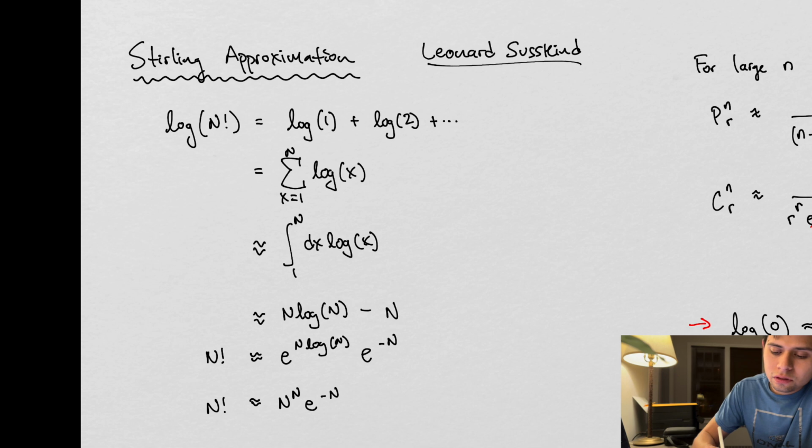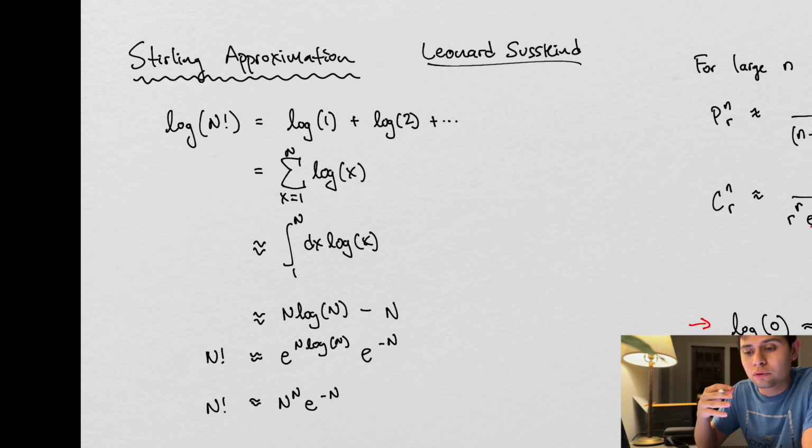So we start off by taking a look at what the log of n factorial is. Now, n can be any number, right? N can be 1, 2, 3, 4. It can go up to 500. The goal here for Stirling's approximation is to approximate certain quantities when we have large numbers of n.